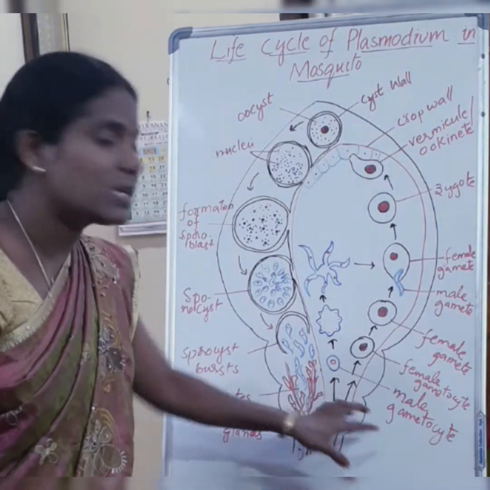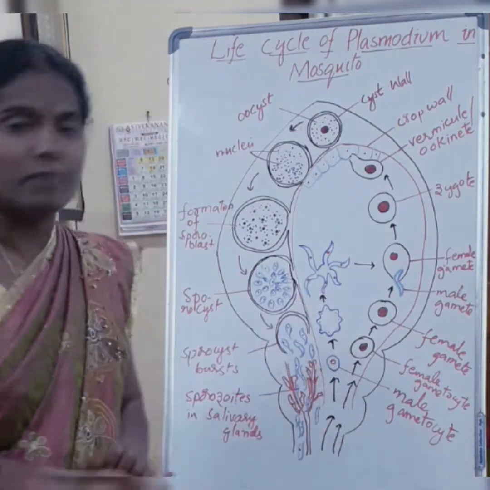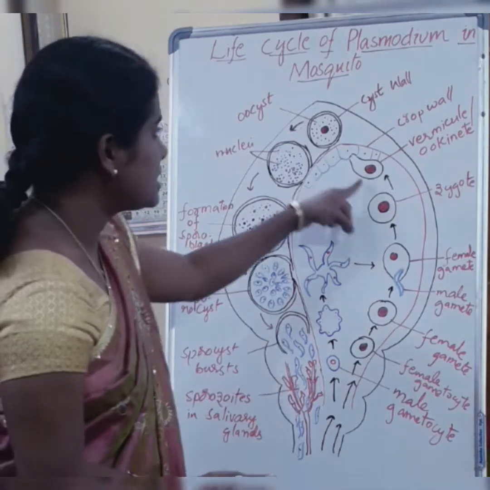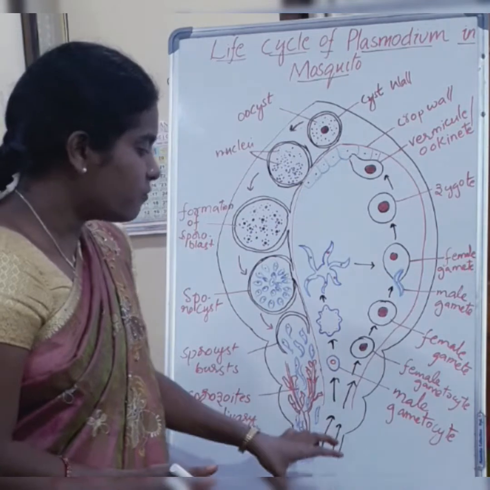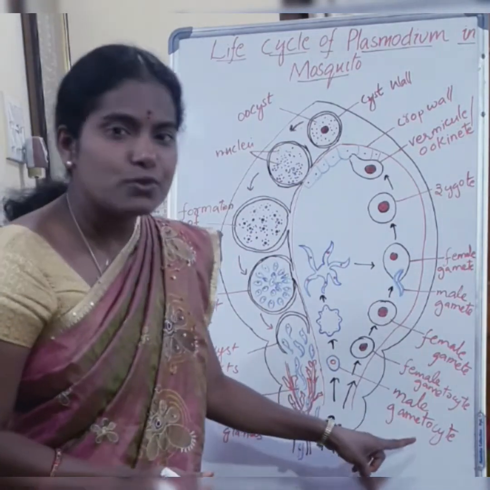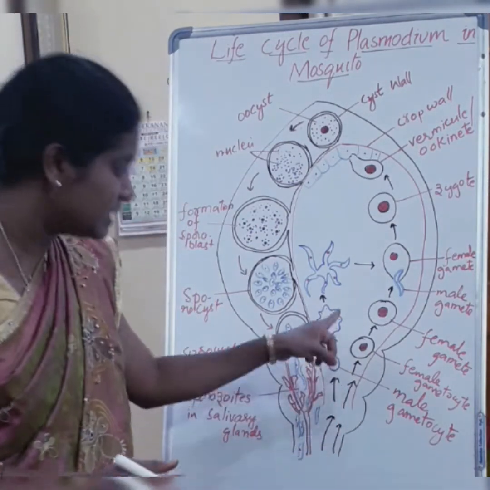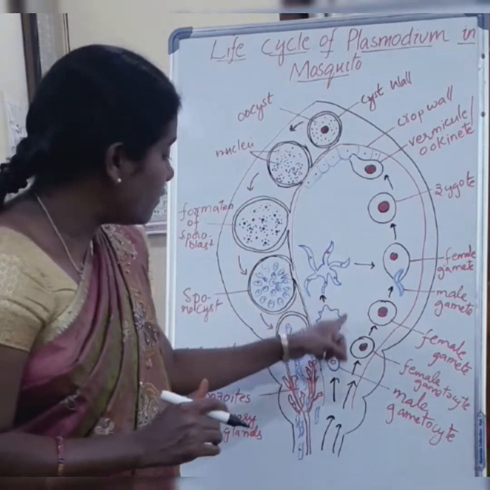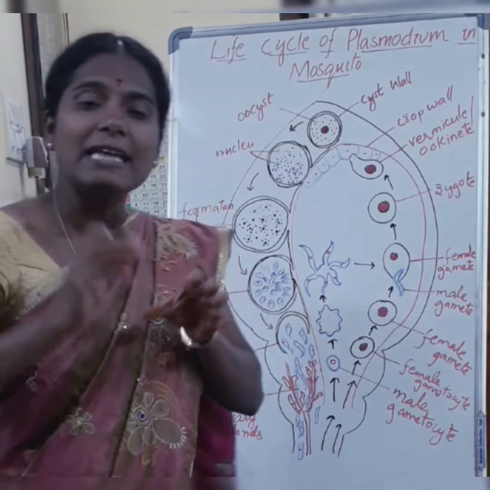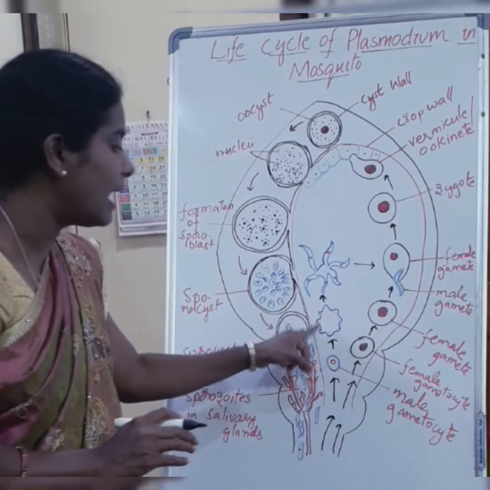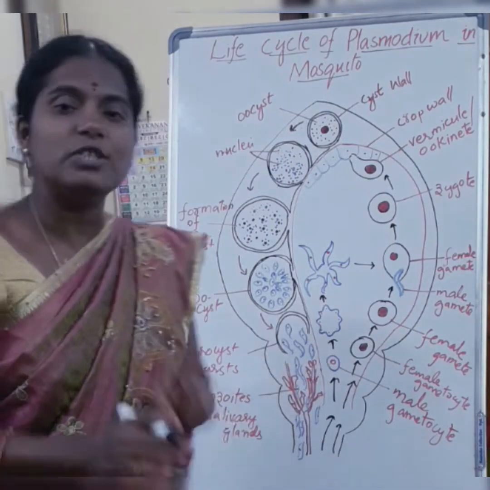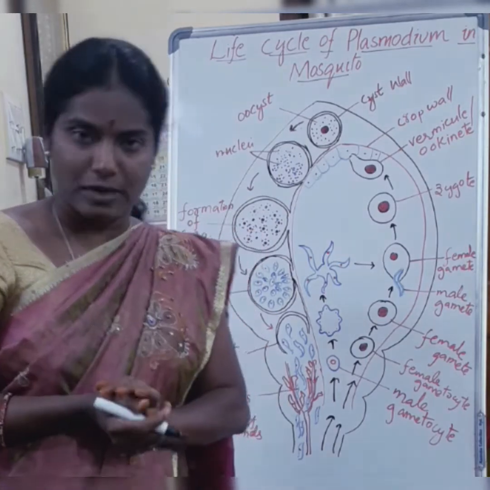These gametocytes enter into the crop of the mosquito. This is the crop wall, the crop of the mosquito. In the crop, the male gametocyte undergoes division and forms 8 daughter nuclei called pronuclei.